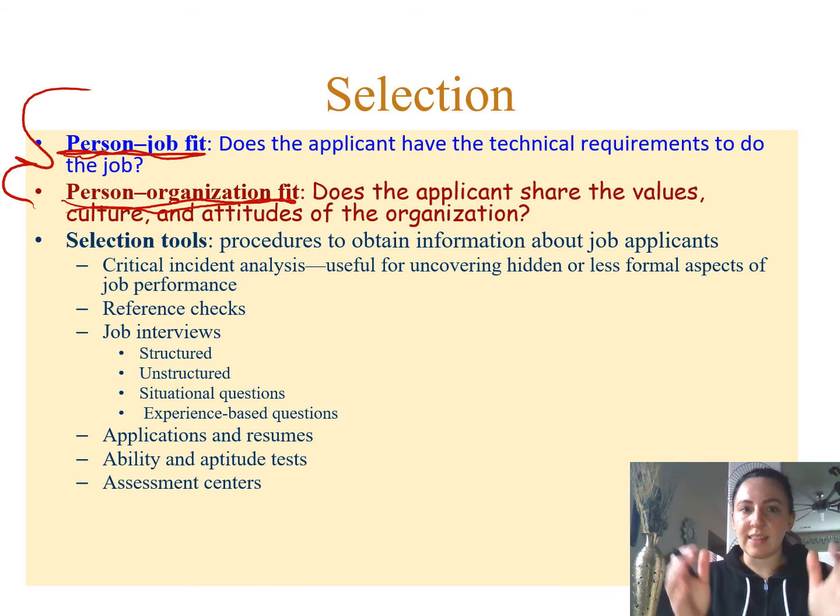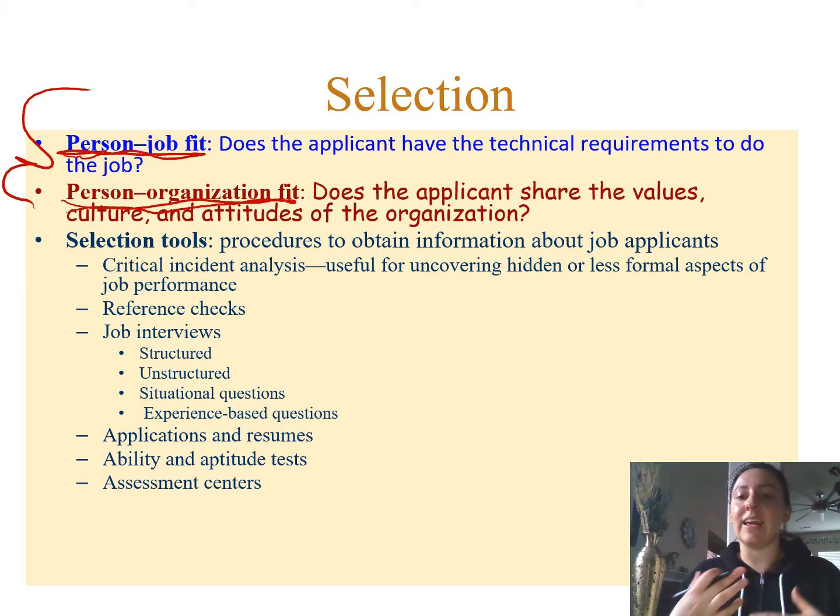Okay, that's a person job fit. Person organization fit is whether or not the applicant shares the same values, the culture, the attitudes of that organization. So if you can get a sense of whether they identify with certain values that your organization has, then that might make them a great person organization fit.